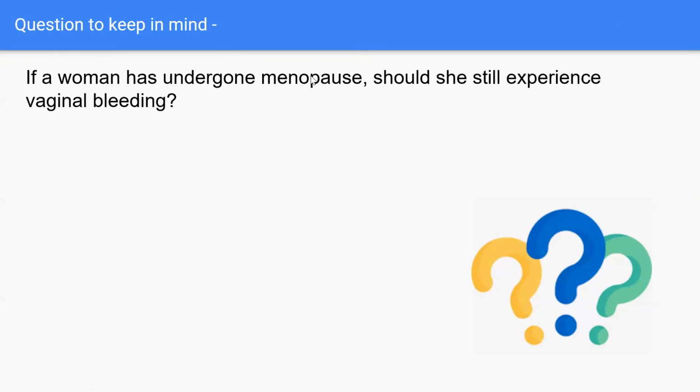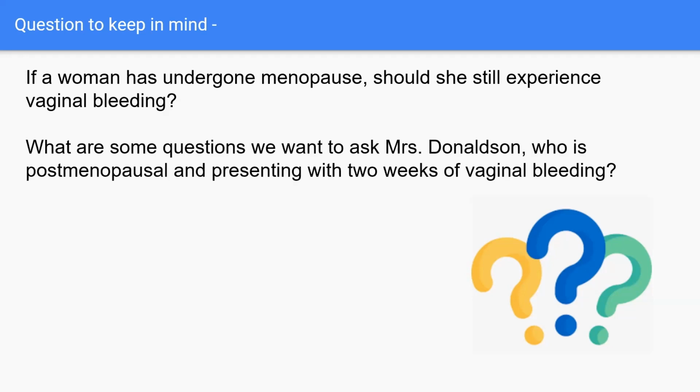And vaginal bleeding in general is not normal, unless you are undergoing menstruation. So postmenopausal females, when they come in with vaginal bleeding, is a red flag, something we should be concerned about. All right, so what are some other questions you want to ask Ms. Donaldson, knowing that she's postmenopausal and she's presenting with 2 weeks of vaginal bleeding?